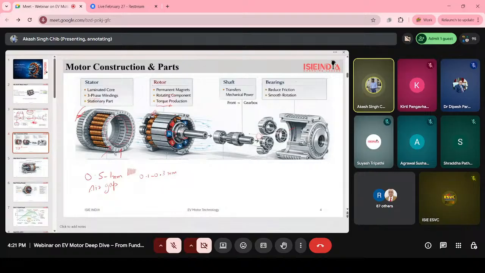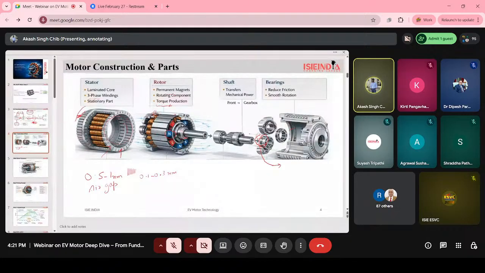If it is too close, it might get stuck inside and might get heated. The air gap is critical for performance. Then comes the shaft. It is connected with the gearbox, and it delivers power to the main wheels.